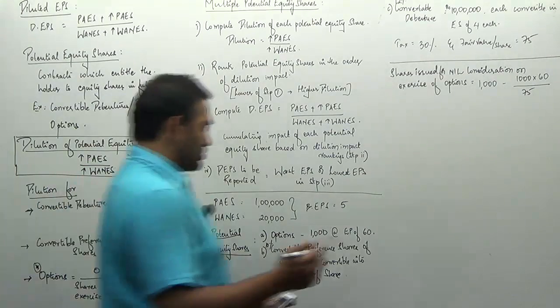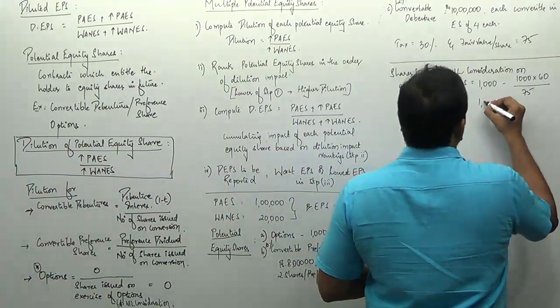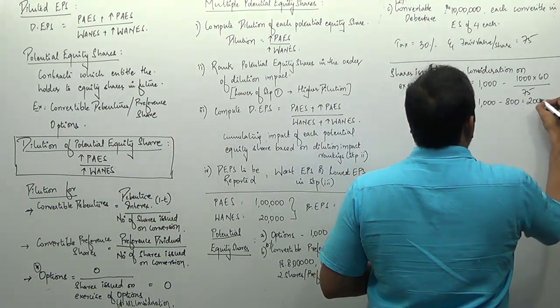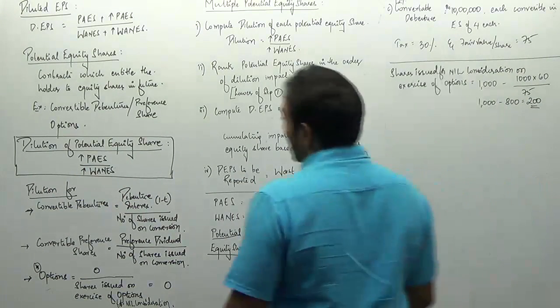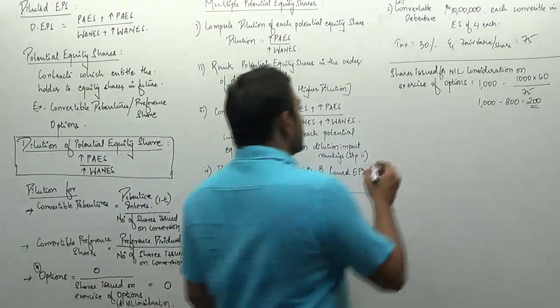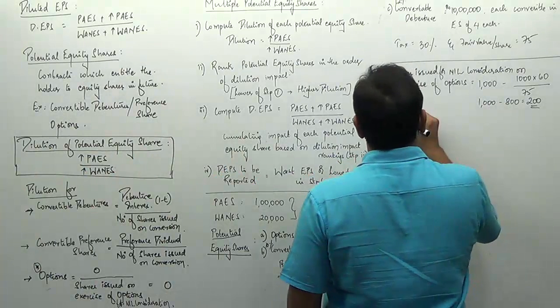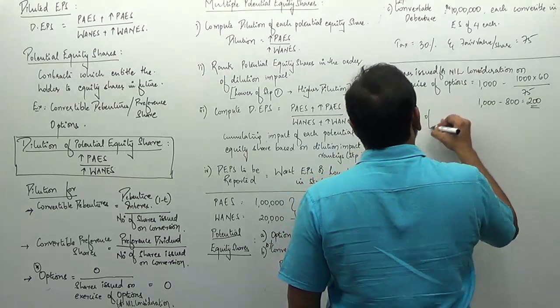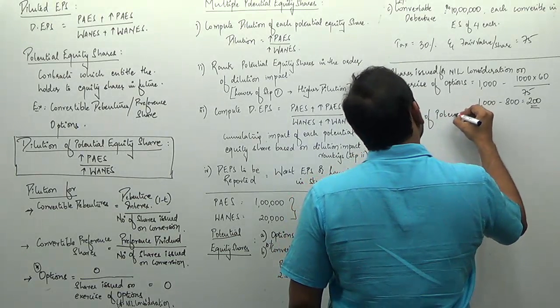Now, this is how much? This is 1000 minus 800. That is 200. 200 are the shares issued for nil consideration in case of options. So, let's see dilution of potential equity shares.